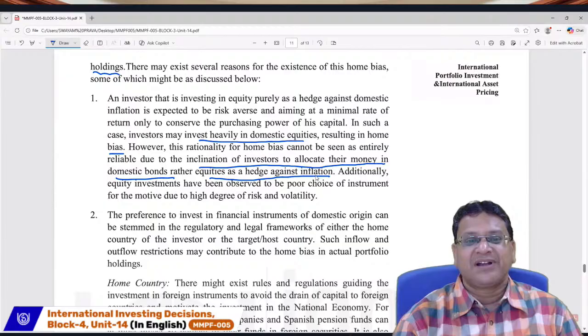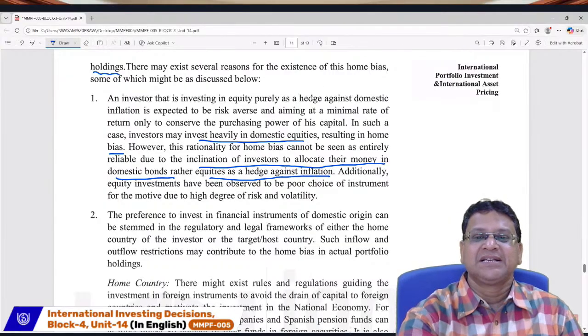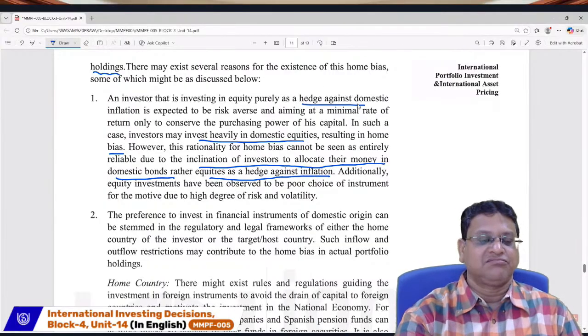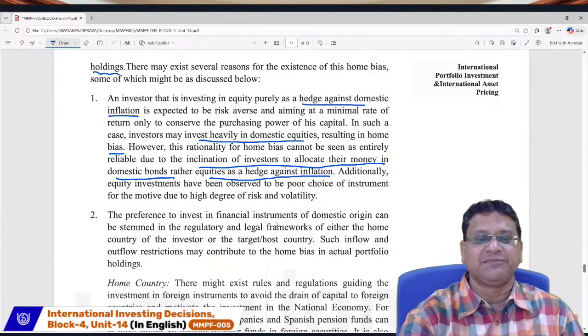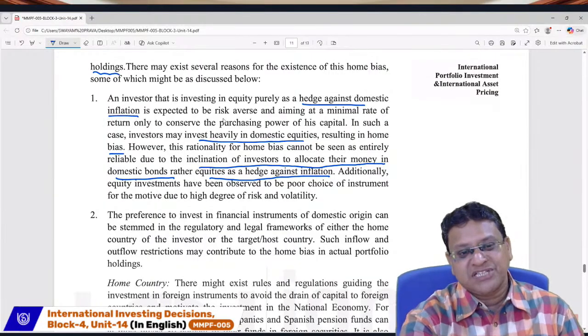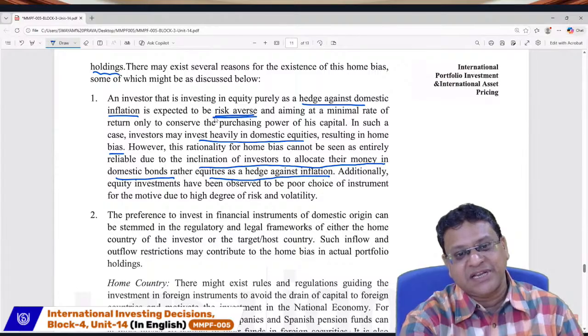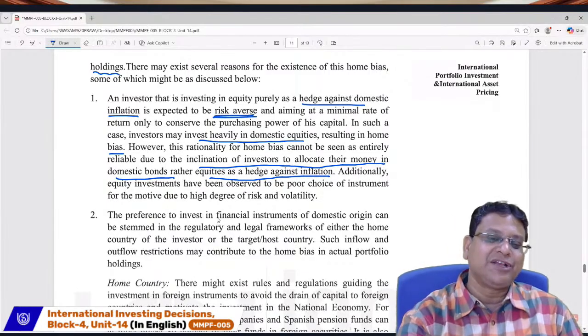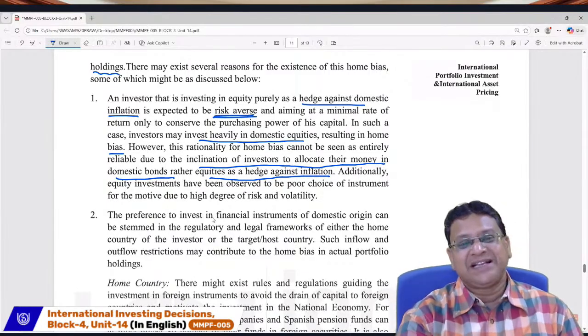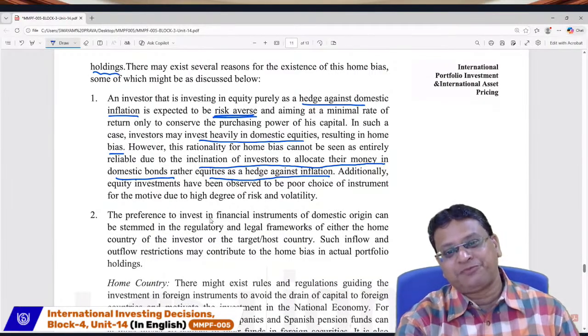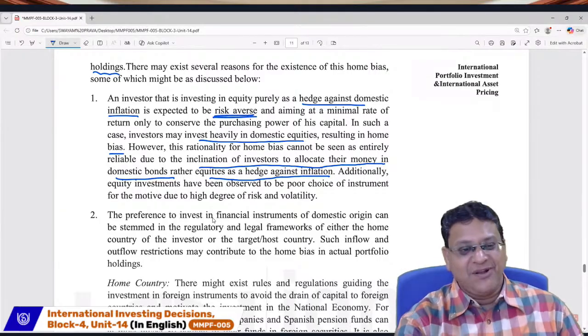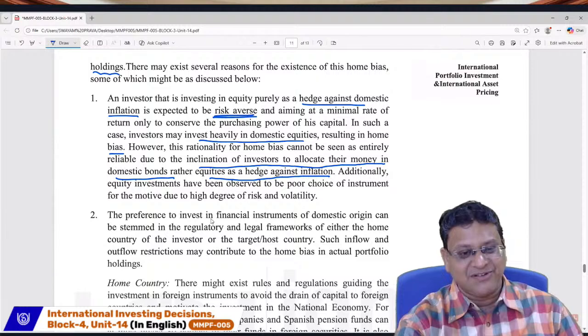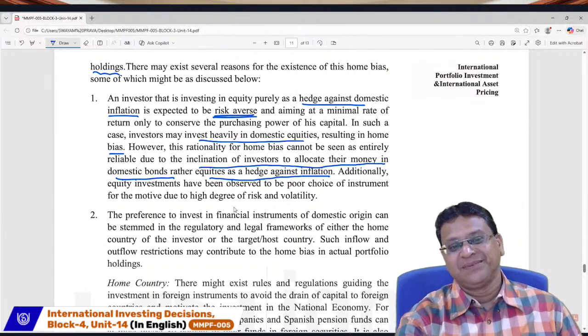Most investors try to hedge against domestic inflation. And most investors are risk averse in nature. Risk averse means they do not want to take risk. They take risk only to cover off their domestic inflation. As long as domestic investments cover their domestic inflation, they are happy with it.